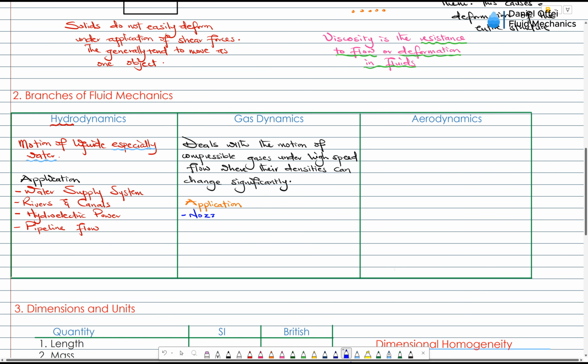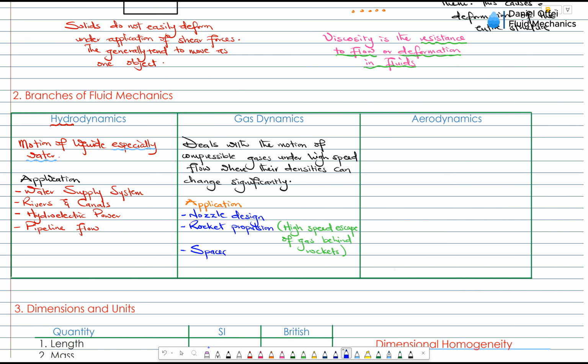We apply gas dynamics in nozzle designs where we have to push fluids through certain spaces at high speeds. Then we also have an application in rocket propulsion where high-speed gases have to come from the exhaust of rockets to push the rocket up into space.